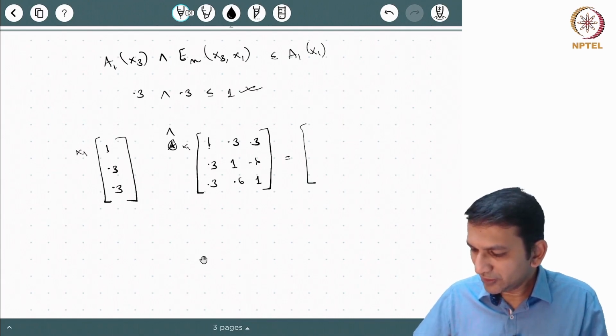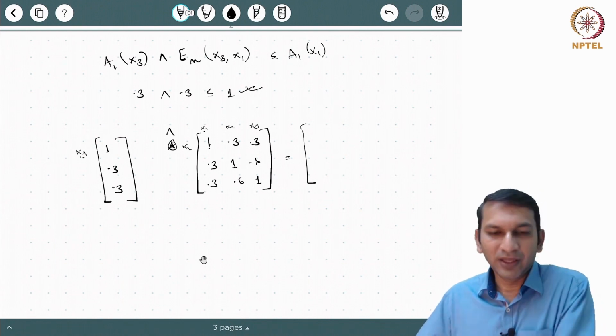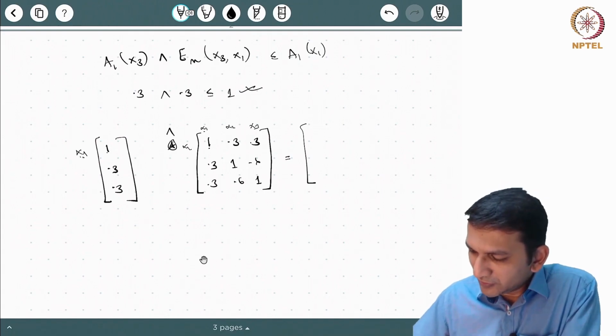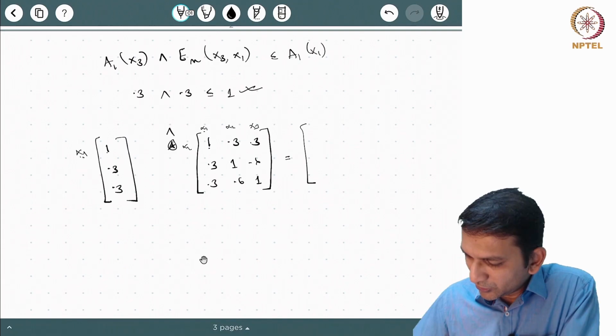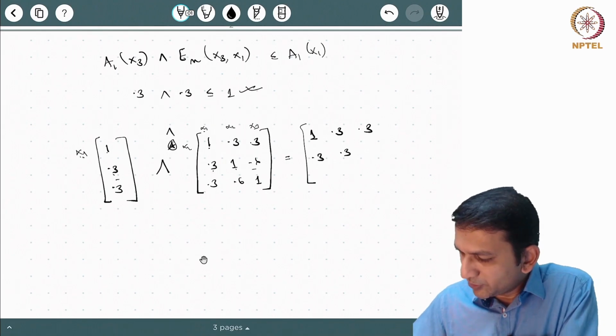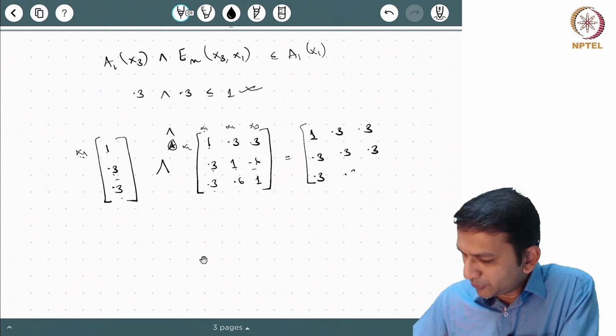So x1 into E of x1, x1, x1 into E of x1, x2, and see whether it is less than or equal to the corresponding A1 of x1 or x2. If we take it as this matrix, we are using minimum here: 1 and 1 is 1, 0.3, 0.3; 0.3 and 0.3 is 0.3, 0.3 and 1 is 0.3, 0.3 and 0.6 is 0.3. Similarly, 0.3, 0.3, 0.3, 0.3.